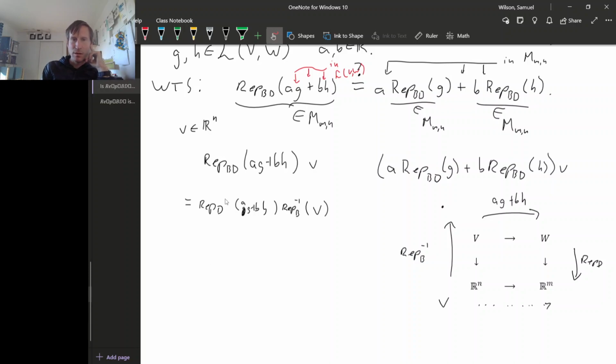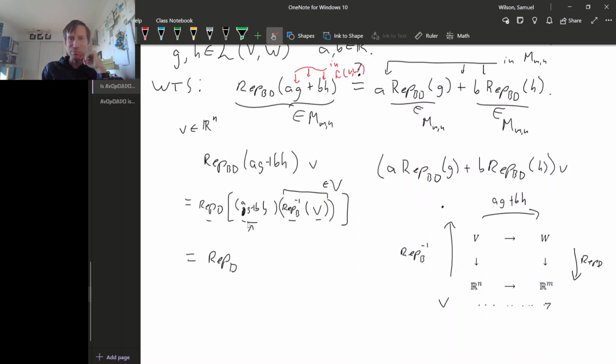Okay. Now there's a lot going on here, so this is a big composition. We're starting with v, and then we're doing three things to it. First, inverse of rep B, and then this linear map, and then rep D. But now that we have things written this way, what does this linear map do to this vector in capital V?